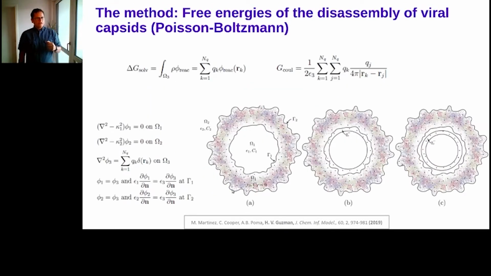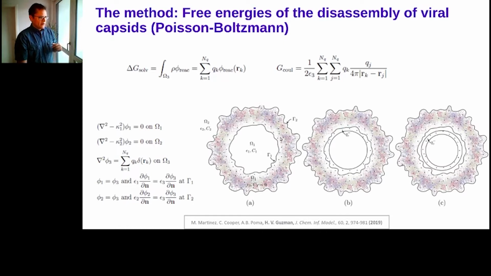I'm not going to go into any detail, but basically with the Poisson-Boltzmann method, we solve the polar part of the electrostatic energies, and we have solvation energy given by the integration of the reaction field, and a Coulomb energy given by Coulomb's equation.